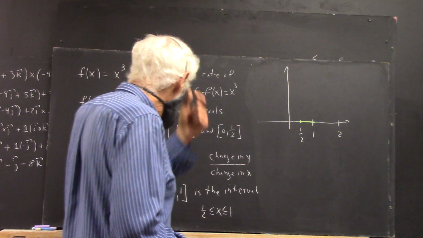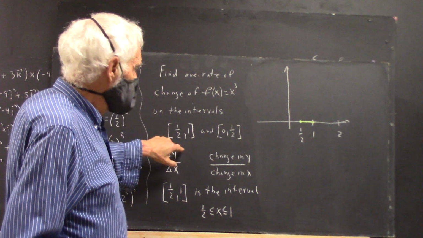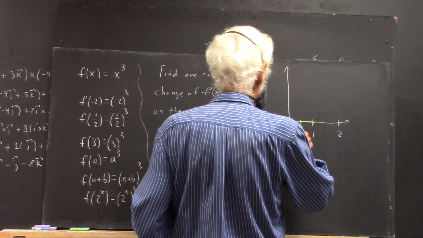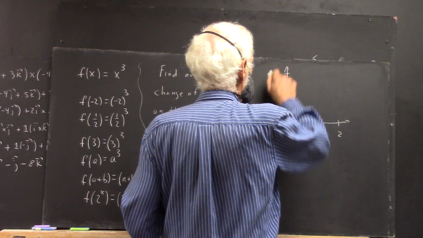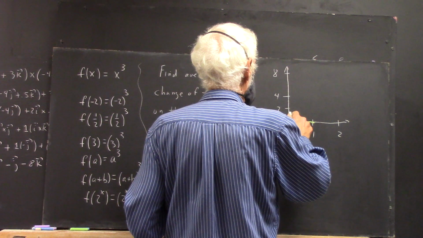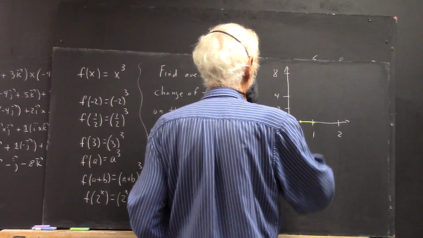So anyhow, you've got the interval 1/2, 1, and you want the average rate of change on that interval. If you have the graph of the function, let's just, we've got 8 here, we've got 4 here, 2 here, 1 here, and then that's subdivided down to 1/2 and 1/4.